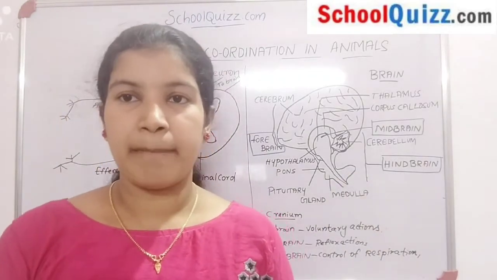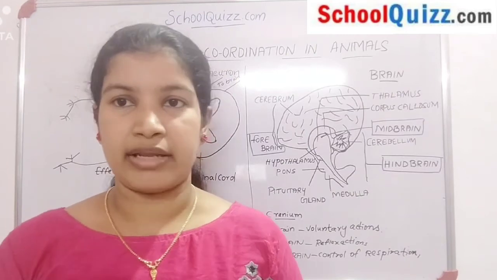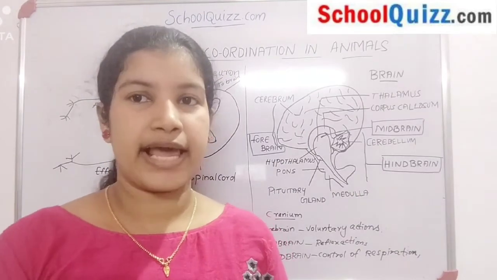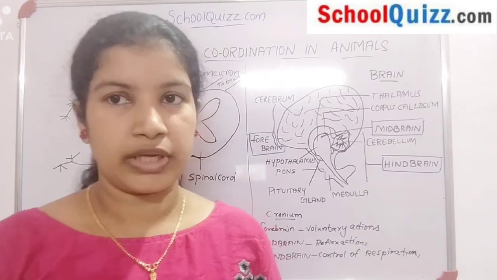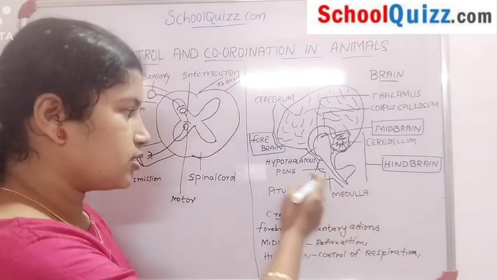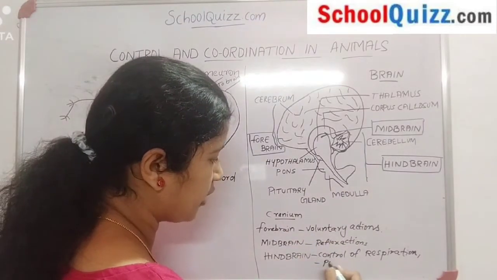Cerebellum helps in maintaining posture and balance. So we can say that it helps in walking, swimming, riding and so on. And last is the medulla.